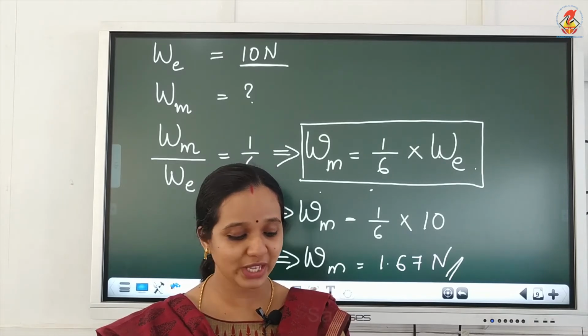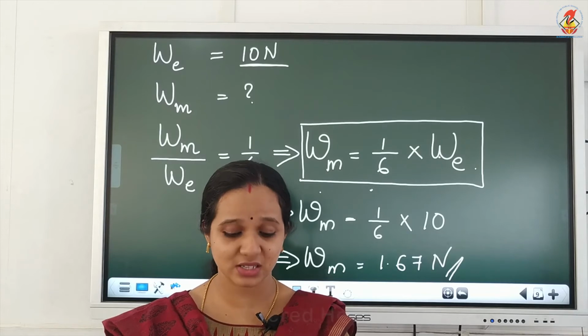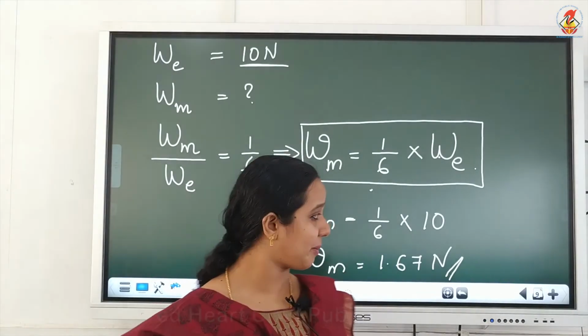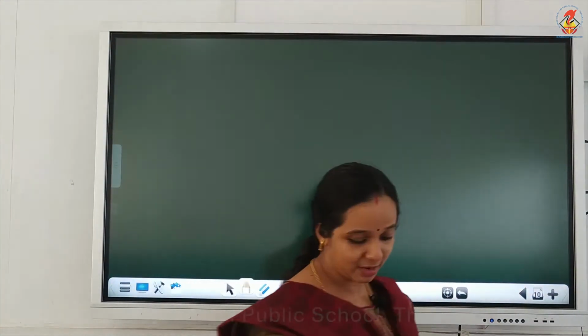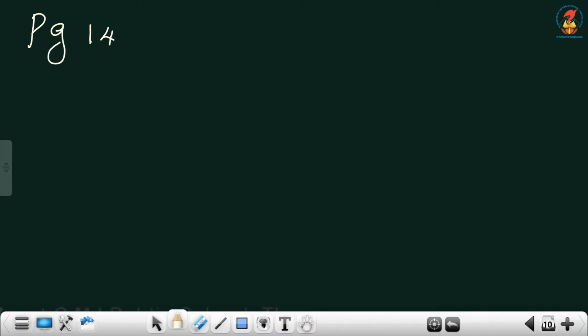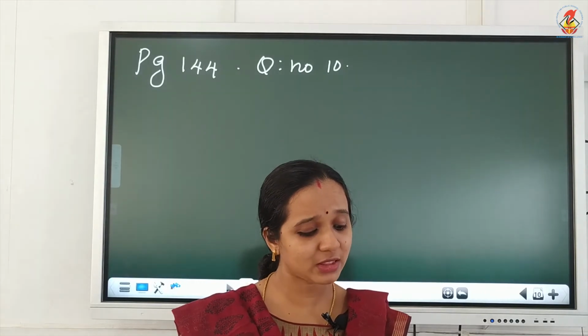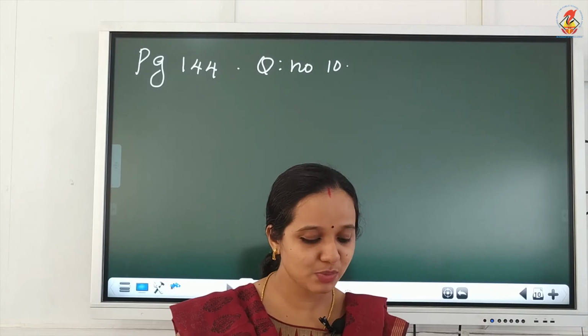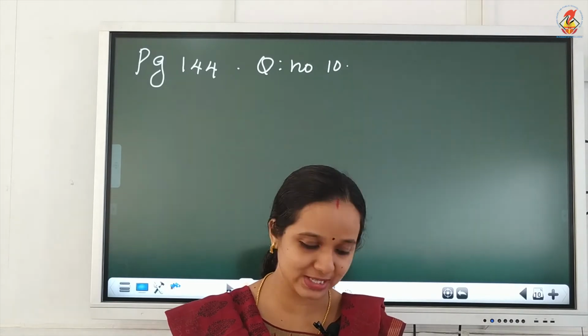Now moving on to the textbook exercises, that is question number 10, which is on page number 144. Question is, Amit buys a few grams of gold at the poles as per the instruction of one of his friends.